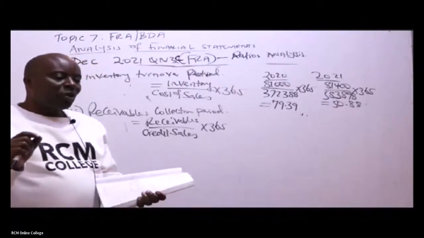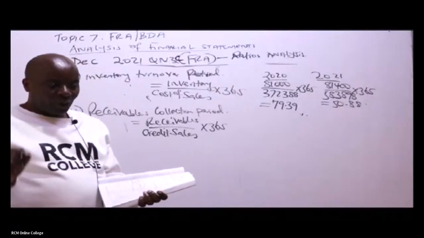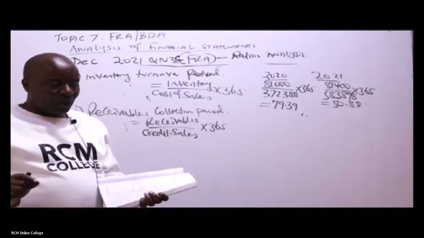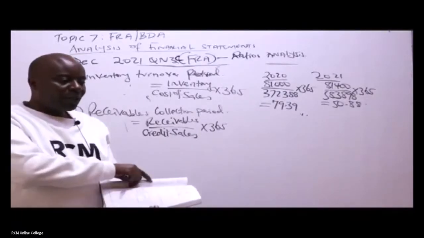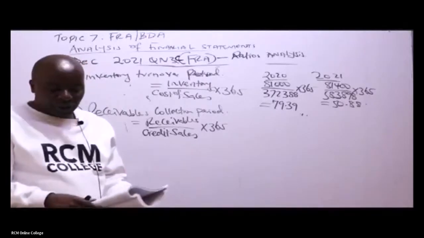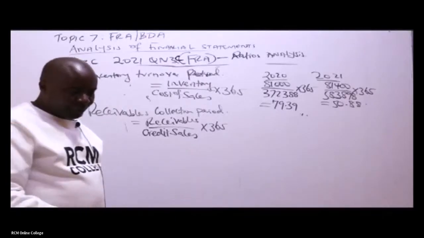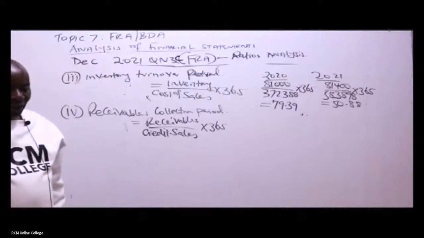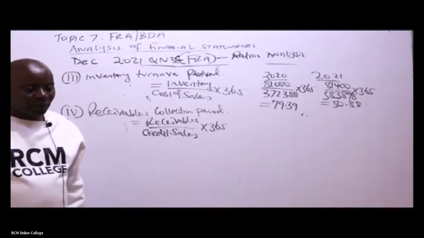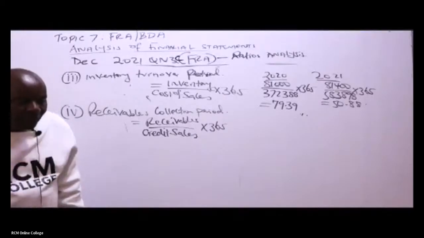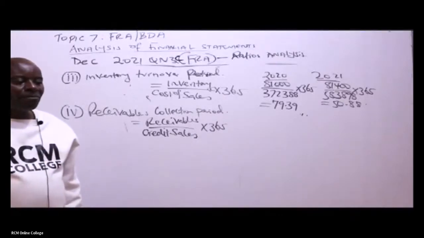Yeah, for inventory, go for the closing one. So receivables, 2020, they don't have the question paper. I don't know whether I should proceed or give them some time.